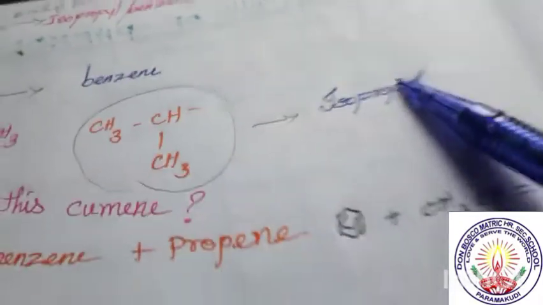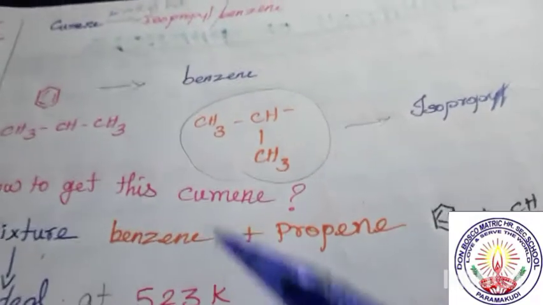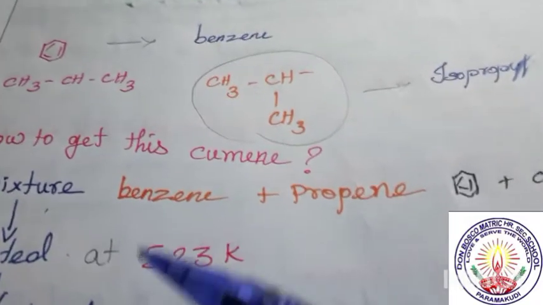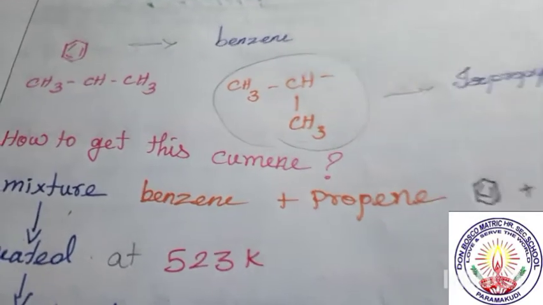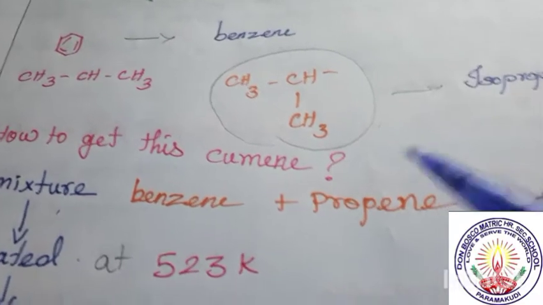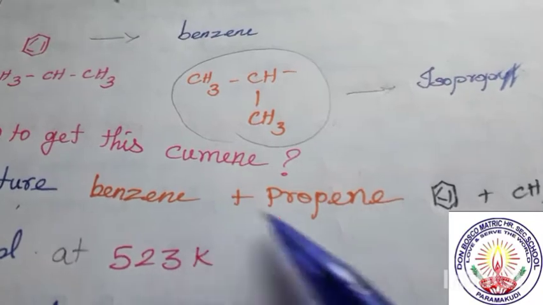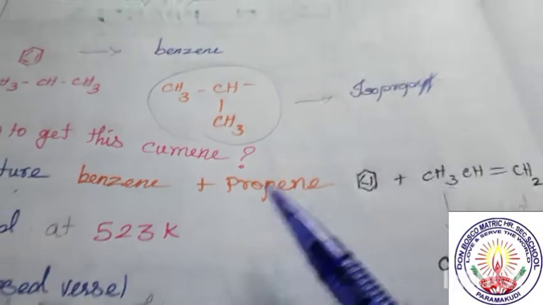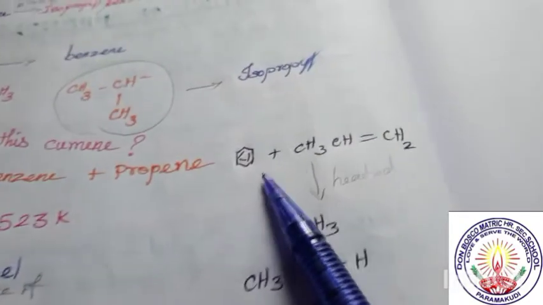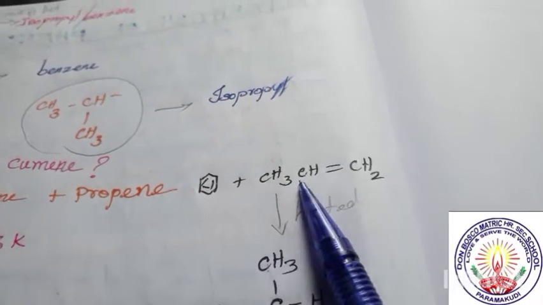First of all, how is this cumene prepared? Cumene is prepared from a mixture of benzene and paraffin. Paraffin is nothing but CH3 CH double bond CH2. So these mixtures are heated.